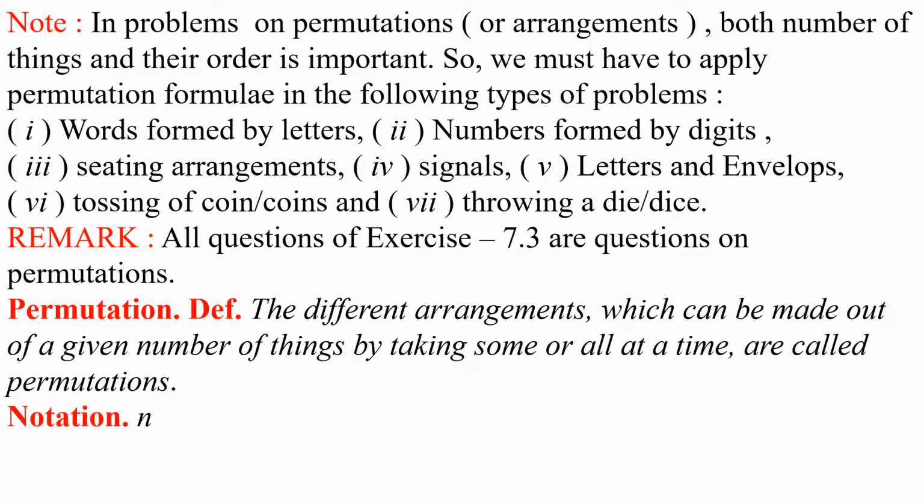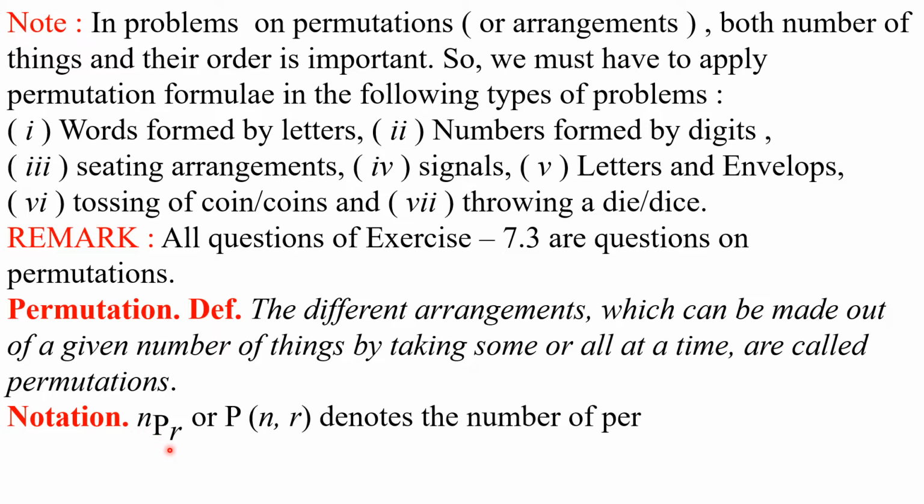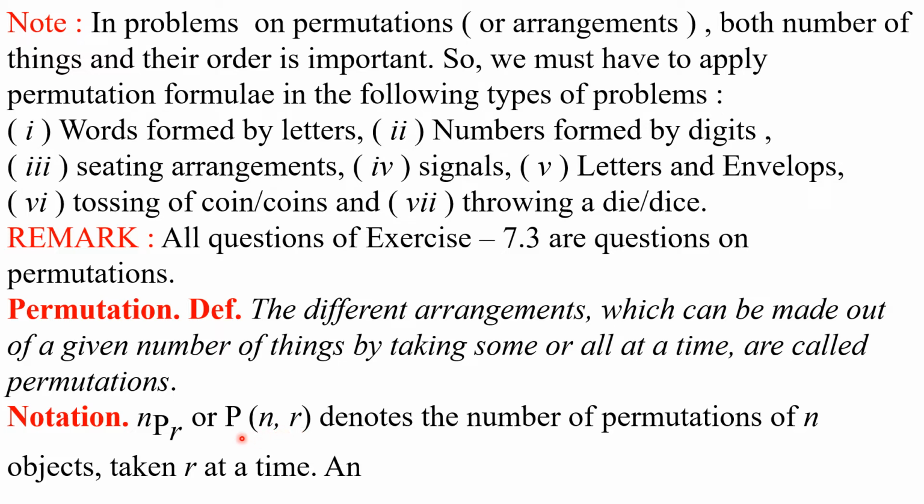See here, notation. What is the notation to denote permutations? See here, this nPr. Here, r should not be written in the same line. It should be written as a subscript, or P of n comma r. This is not an ordered pair. This is not a point, and this is not an ordered pair.